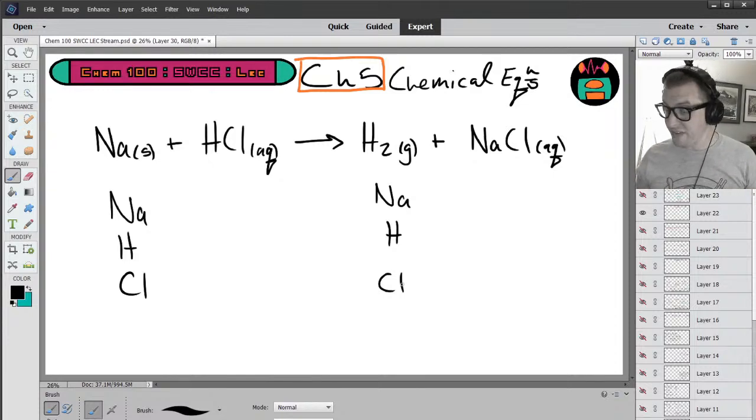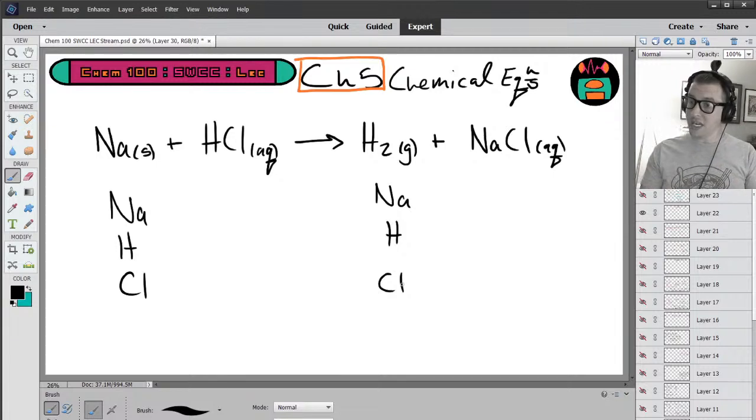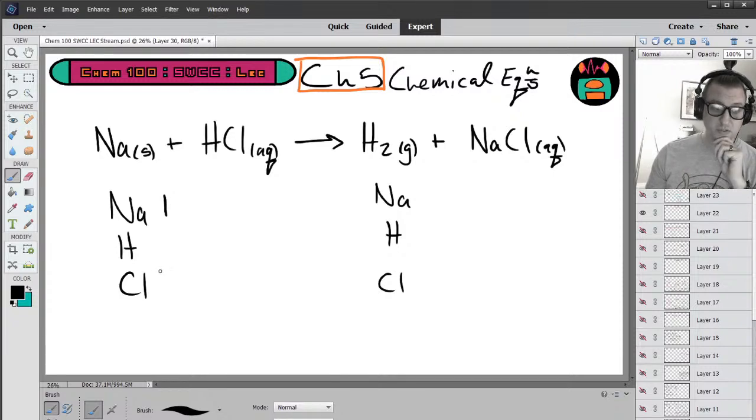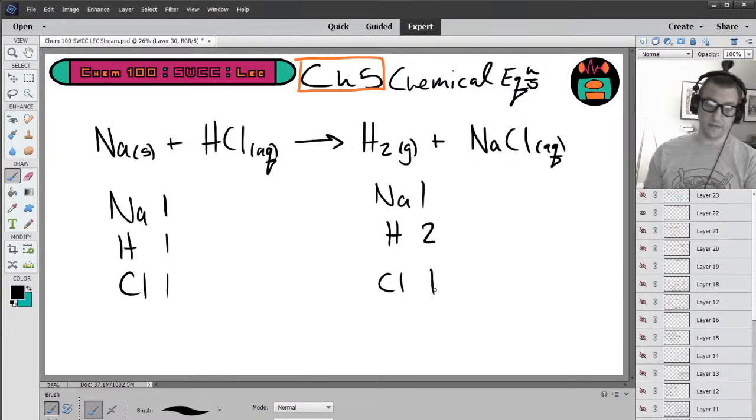I'm not gifted like that, so if you can, totally more power to you, but I've always got to take the slow and steady method. So on my reactant side, I have one atom of sodium, one atom of hydrogen, one atom of chlorine. On my product side, I also have one atom of sodium, two atoms of hydrogen, one atom of chlorine.